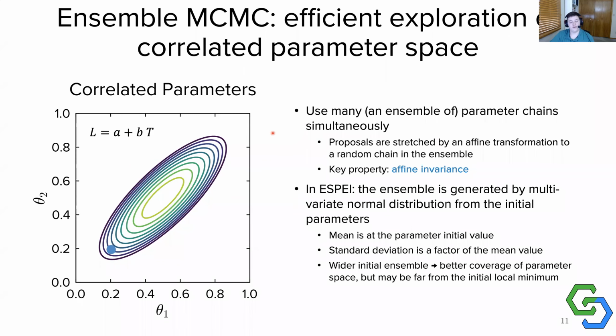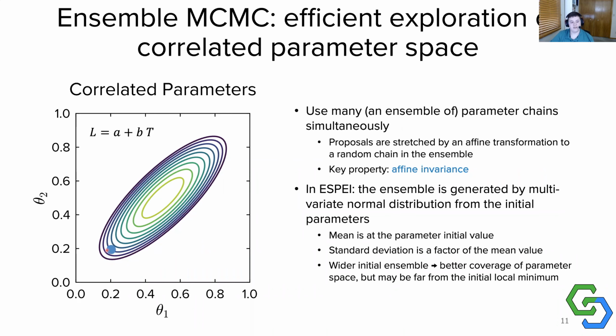And so in traditional Markov chain Monte Carlo, these different correlations and scaling that show up in your parameters are something you have to tune manually. But in ESPEI, we use a different method called ensemble Markov chain Monte Carlo, which constructs an ensemble of samples of this parameter space, and then you make new proposals by scaling to the ensemble.